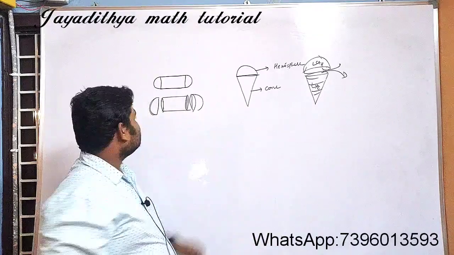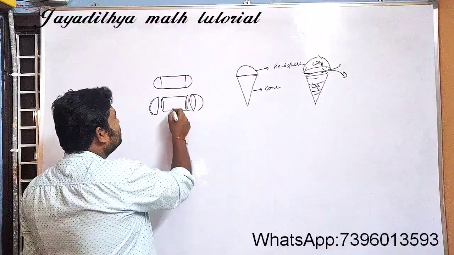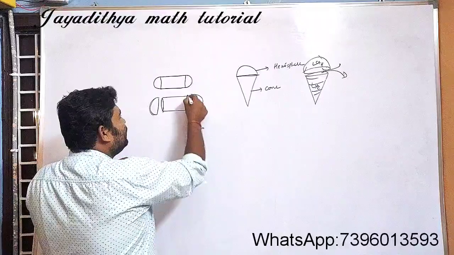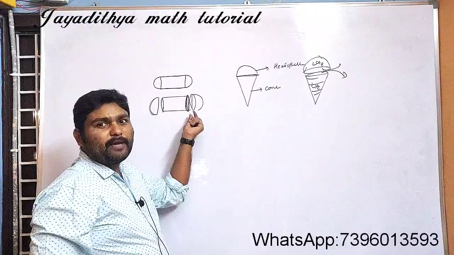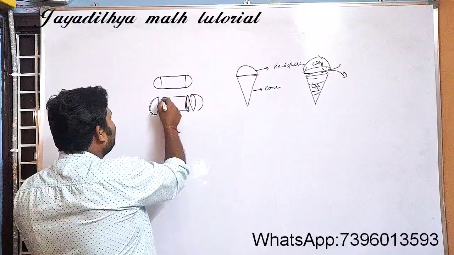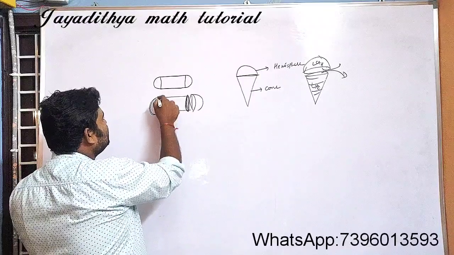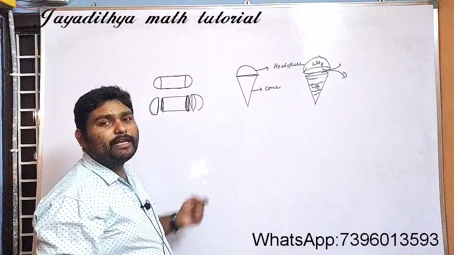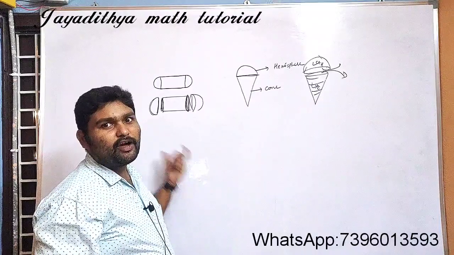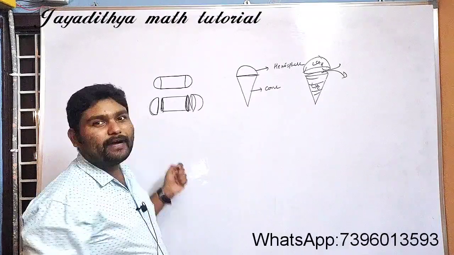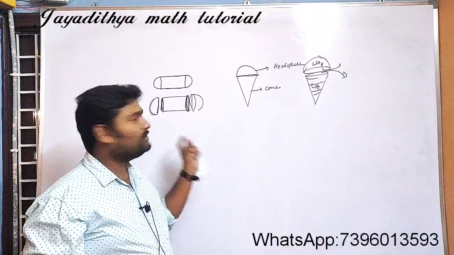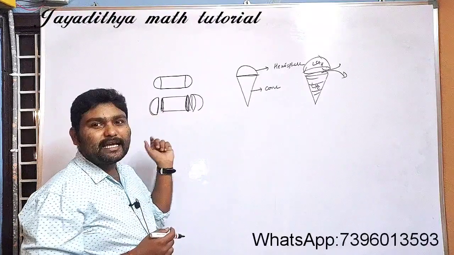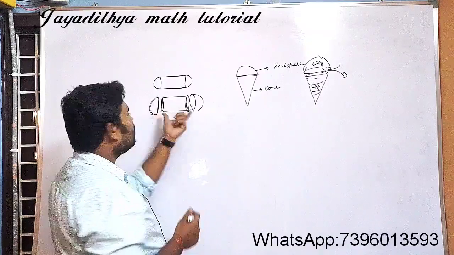Here also, if you observe, one end of the cylinder is closing and the base of the hemisphere is getting closed, and here also one end of the cylinder is closing and the base of the hemisphere is getting closed. So whenever you want to find the total surface area of this solid, you should not find the total surface area of the three parts and add them. Why? Because some faces are getting closed, so you cannot see them.